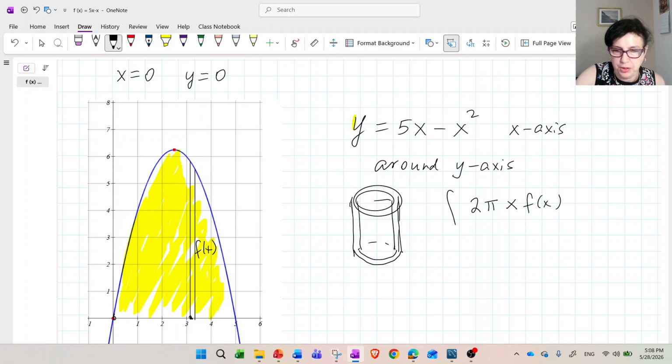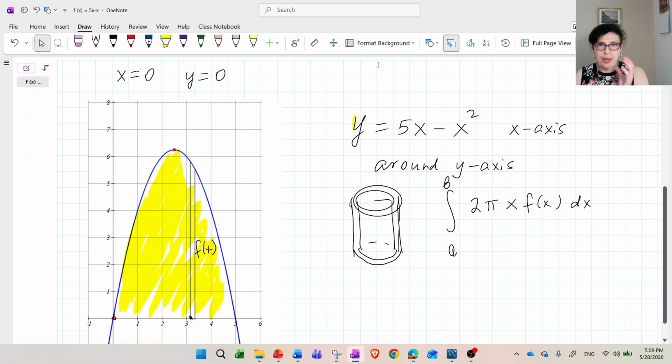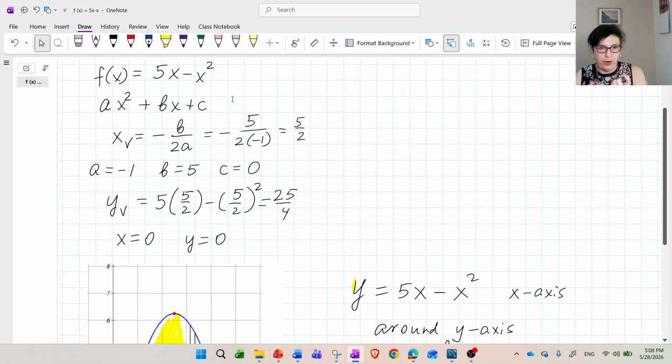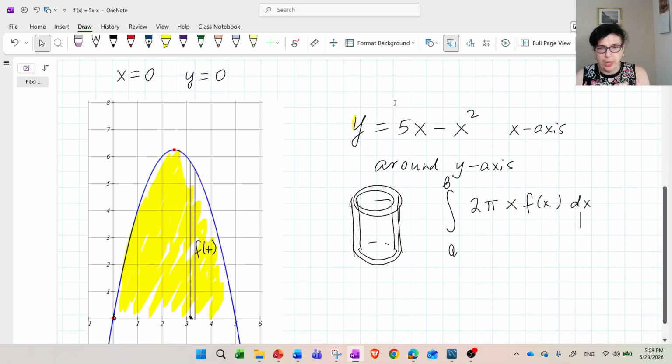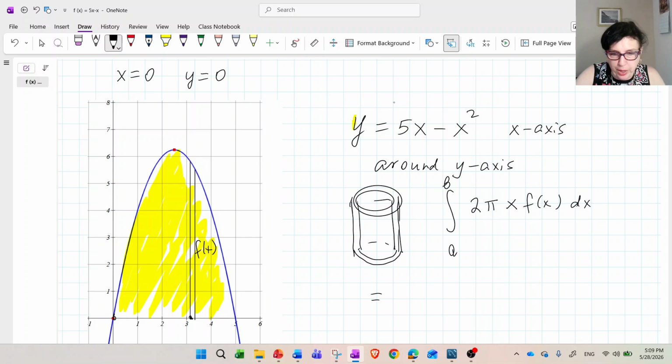And then you integrate that from A to B. That's the formula for the volume using shells. Why that's the case, I'm not going to prove to you, but that's the formula. It allows you to compute the volume of rotation around the y-axis without explicitly solving for x in terms of y. Now that I told you that, let's go ahead and compute it.